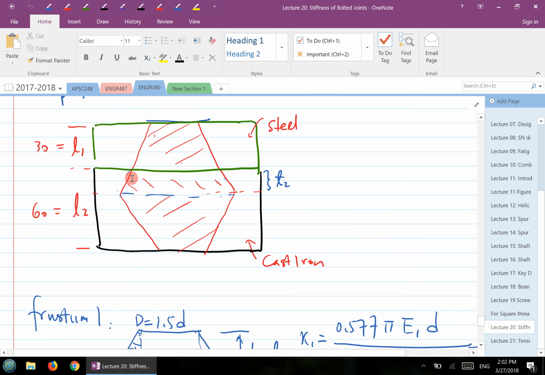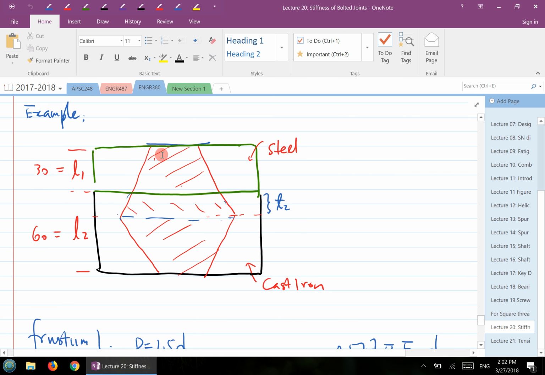Given a specific question, it really depends on the member thickness and how the members are being clamped. There might be a washer on the top, so the washer will also be part of the member. It also depends on the material of the member, so it could be steel, cast iron, or all the same steel. So you're going to have to appropriately divide these members into different sections, or different frustums, right here.